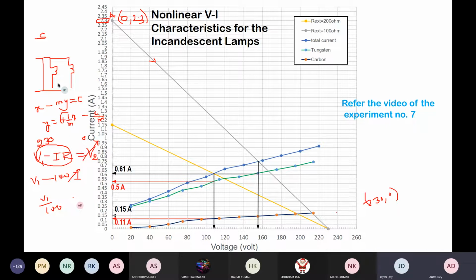Do you know how to draw this y is equal to mx plus c? Yes, ma'am, you are audible.